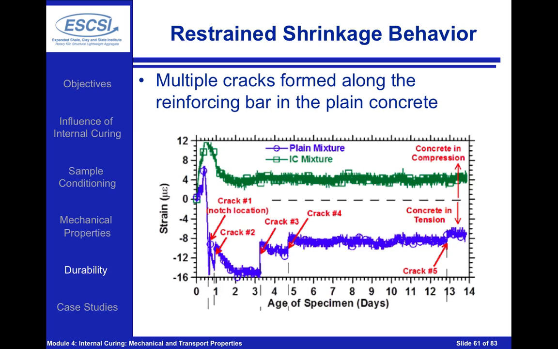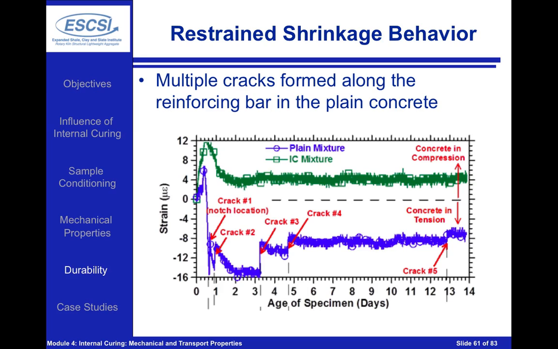However, for the plain concrete, we see that slightly after that initial temperature rise, we start to see shrinkage developing, and we start to see stresses developing inside of the steel frame. Those stresses are relieved at 3 different spots, which refer to cracking that's occurred inside of the concrete.